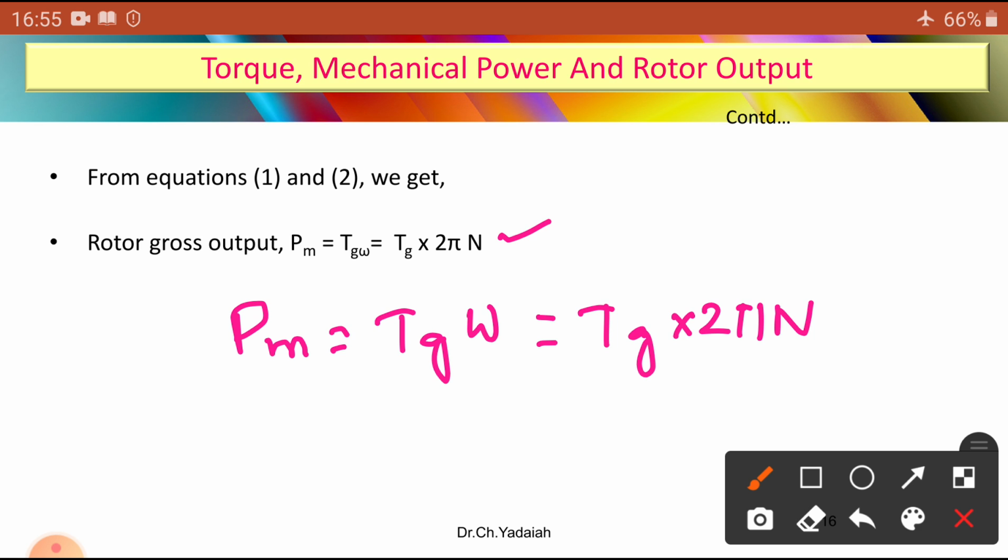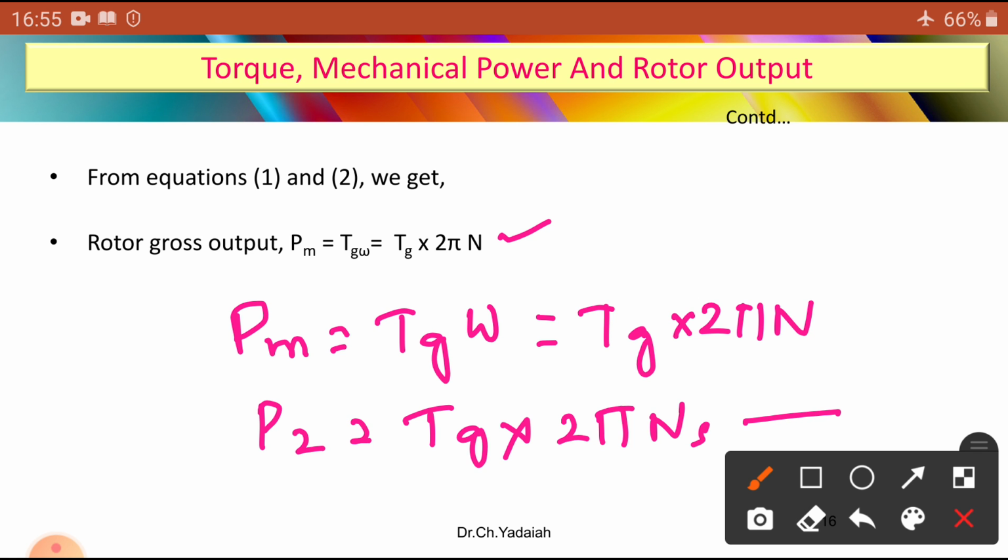This is the third equation. Now the rotor input P2 I can write as Tg into 2 pi Ns. This is another equation, the fourth equation.